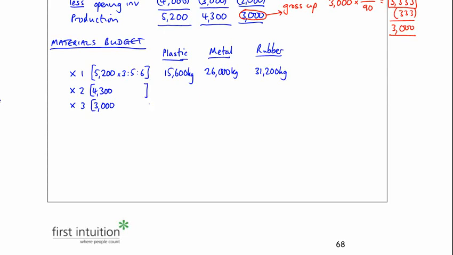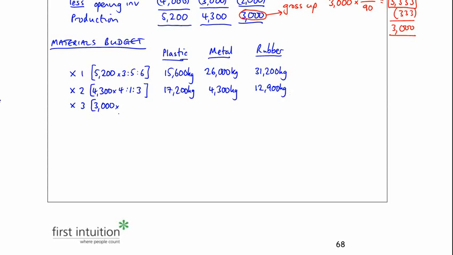Same sort of idea for product X2. Again, looking at the information in the question, each unit of X2 uses 4 kilograms of plastic, 1 kilogram of metal and 3 kilograms of rubber. So we're going to get 17,200 kilograms of plastic. We've got 4,300 of metal and 12,900 of rubber.